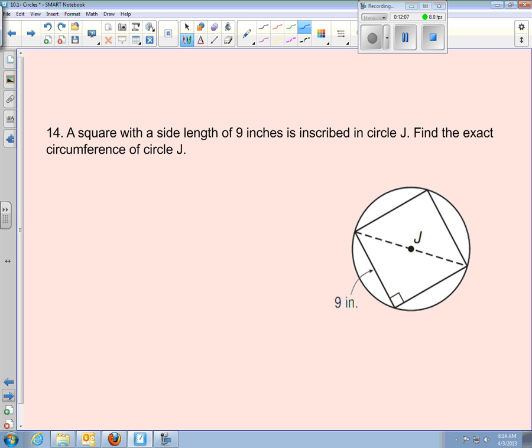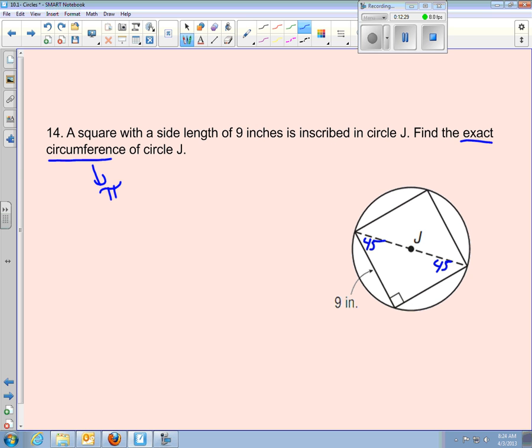All right. A square with sides length of 9 inches is inscribed in circle J. Find the exact circumference of circle J. Remember when it says exact, we want to be thinking that we're going to have pi in our answer. And so since it's a square, we know that this is going to be a 45, 45, 90 triangle.